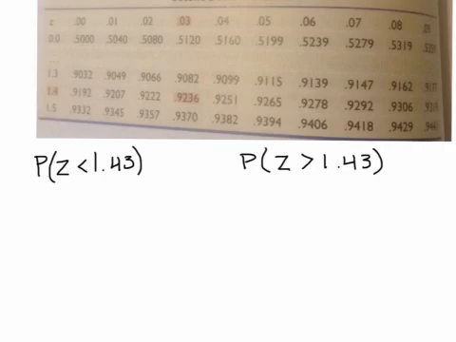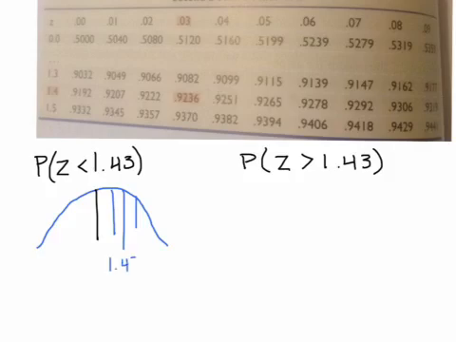Here are a couple of examples that you might see. I want to know the probability that the z-score is less than 1.43. I always draw these out. Here's my standard deviation, and I'm going 1, 2, so I'm going right here at 1.43.